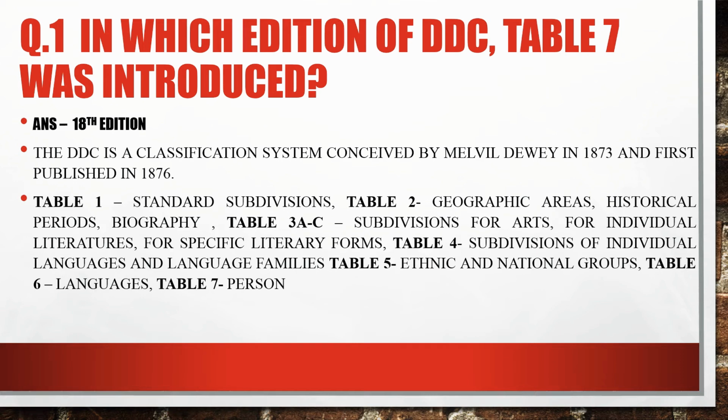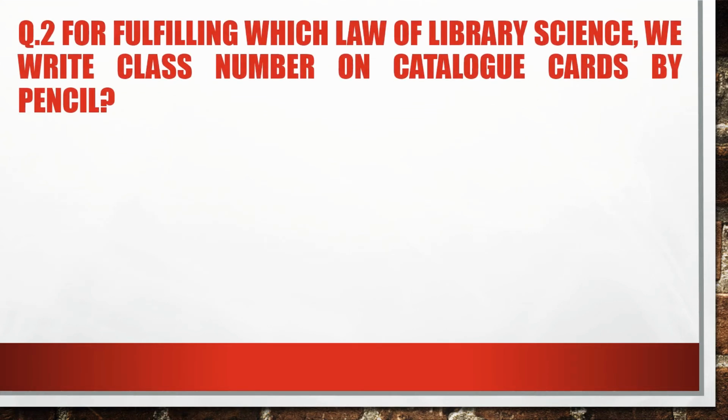Now the question arises, from which edition has Table 7 been removed? The answer is Table 7 has been removed from edition 21. Yes, from edition 21 you will not be able to see Table 7.